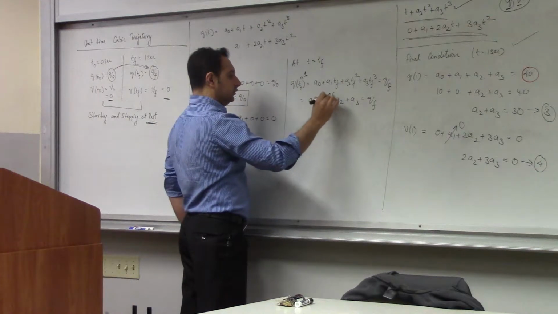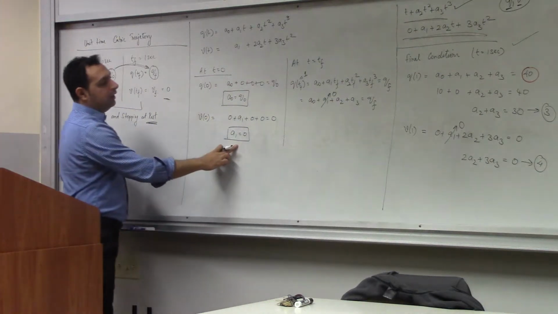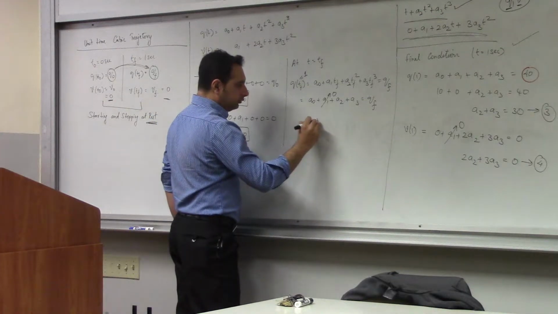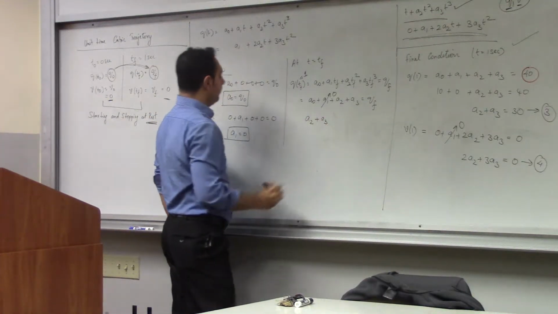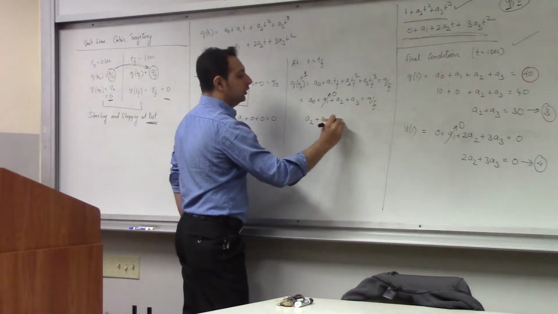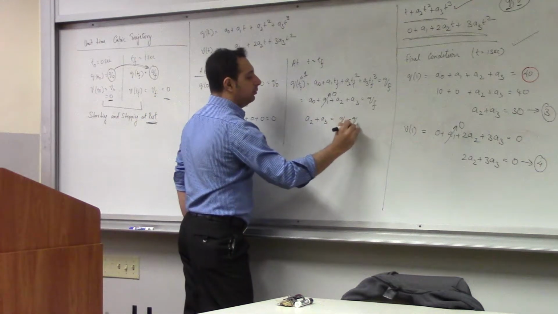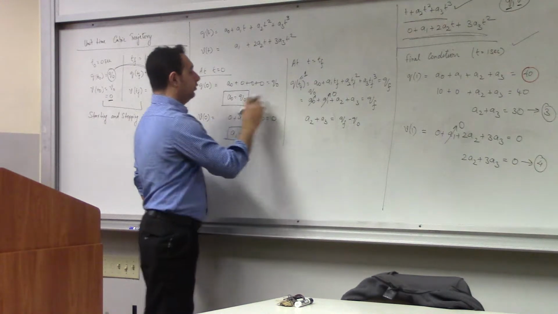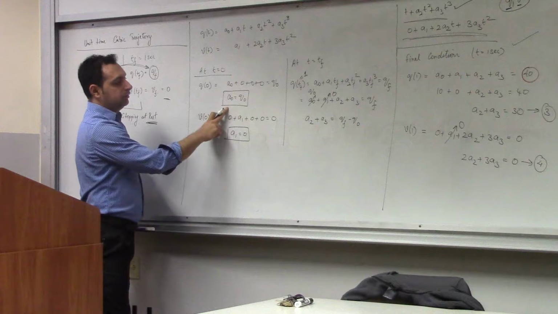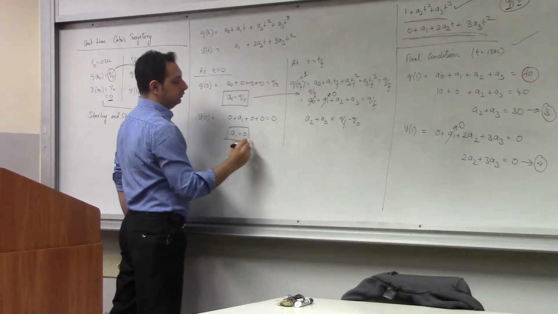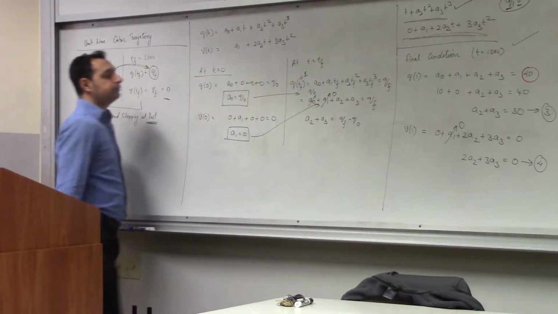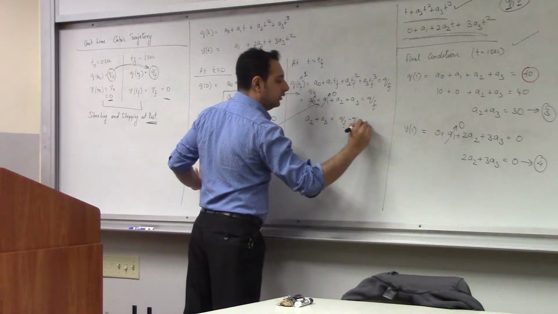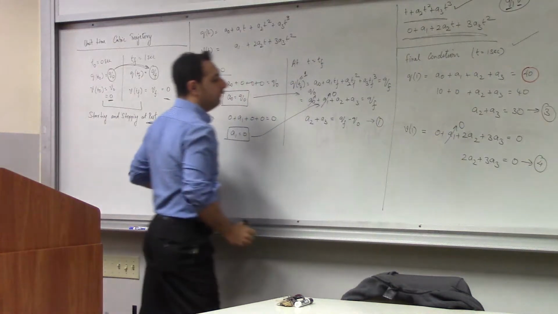A1 is 0 from here. So a2 plus a3 will be equal to qf minus q naught, because a naught is q naught. All right, let's call this equation 1.